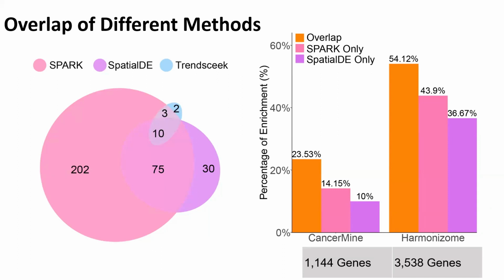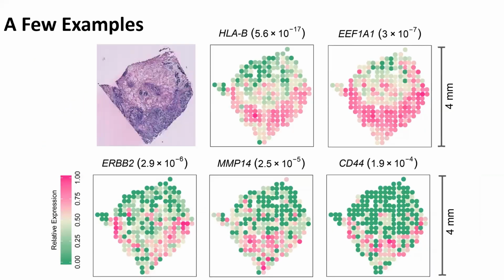If you look at our unique set, it's 43%, which is lower, but still reasonable. And the SpatialDE unique set is even lower. So this suggests that even though these genes are uniquely identified by our method, they also seem to make sense. And here are some example genes uniquely identified by our method.